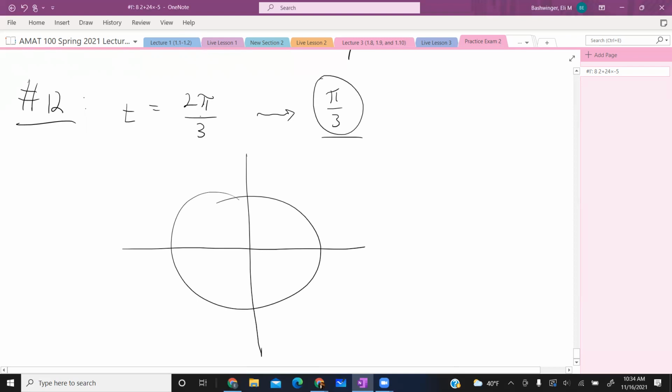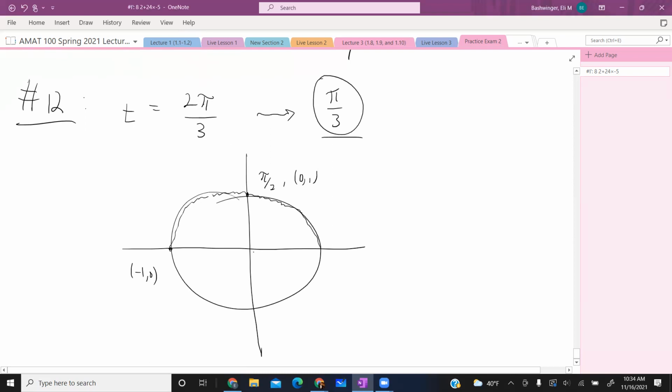So the 2/3 pi means that we're going 2/3 of pi. We know that pi means you travel along this way, and then you land here at the point -1, 0. 2/3 pi means that you don't go quite pi, you just go a little bit less, but you go more than pi over 2, which corresponds to the point 0, 1.